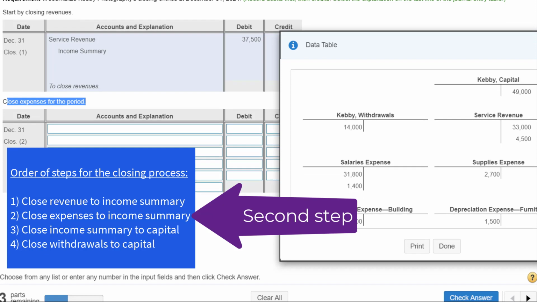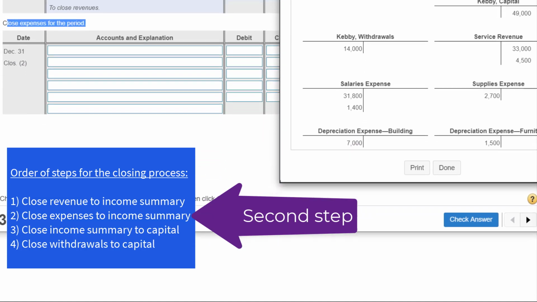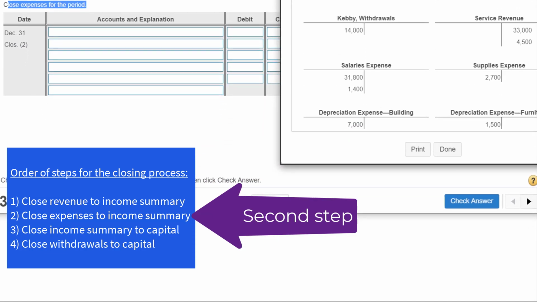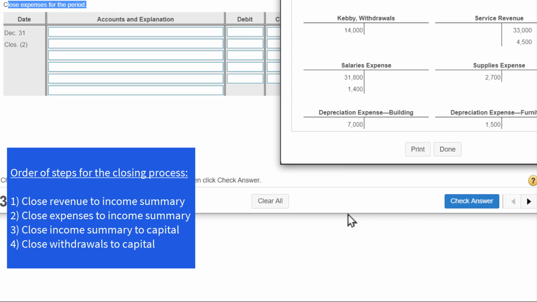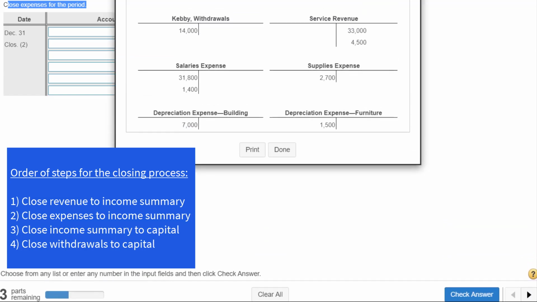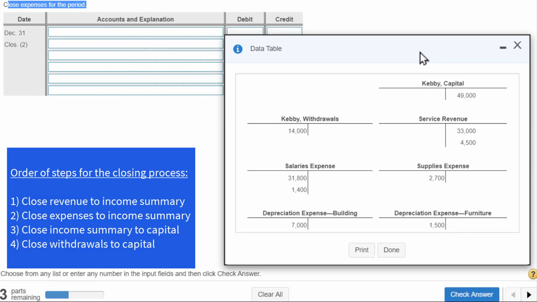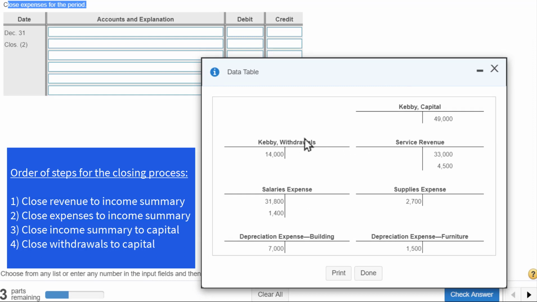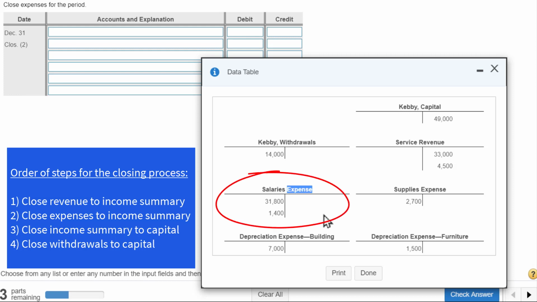Next, we're going to close our expenses for the period. Let me move this up. Move this down. All right. So our expenses. So I'm going to just start here, work my way down, find the first expense. So my first expense is salaries expense. So how am I going to close this account?